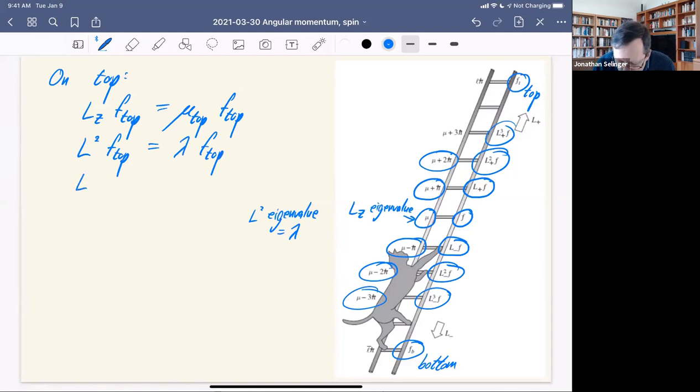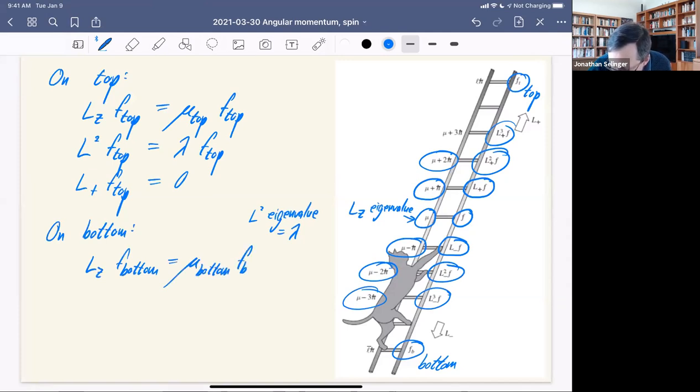We know that L plus acting on f top has to be 0, because that's what it means to be on the top. If you hit the top with L plus, you get 0. Likewise on the bottom, we have Lz acting on f bottom is mu bottom f bottom.